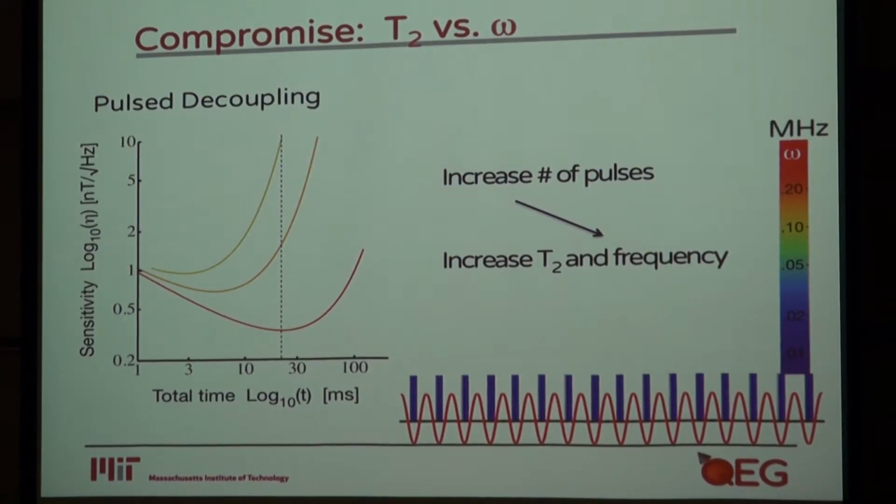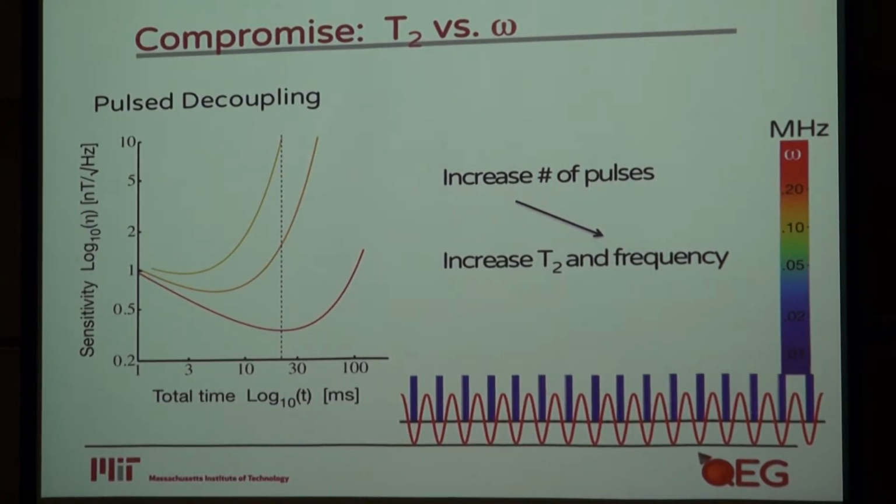But of course, you notice in my plots that now I need a field which I want to measure which oscillates much more rapidly. These curves are also tagged by colors by their frequency. So here, sure, I can have better sensitivity, but only to fields which are on the order of 0.2 megahertz for this particular example.